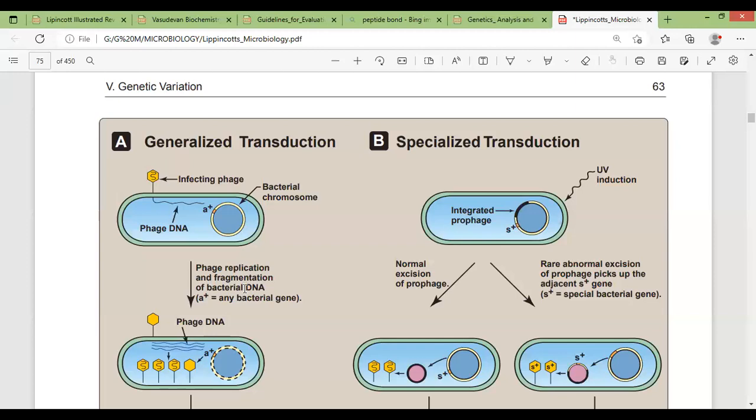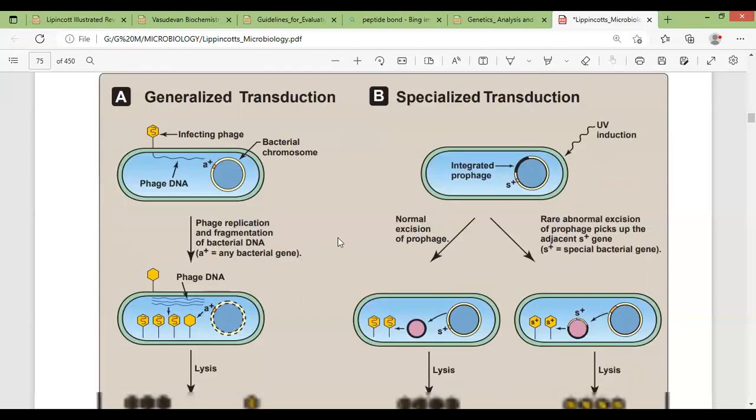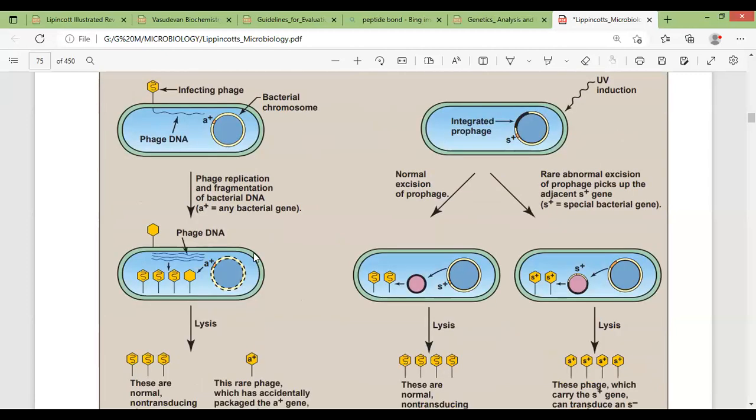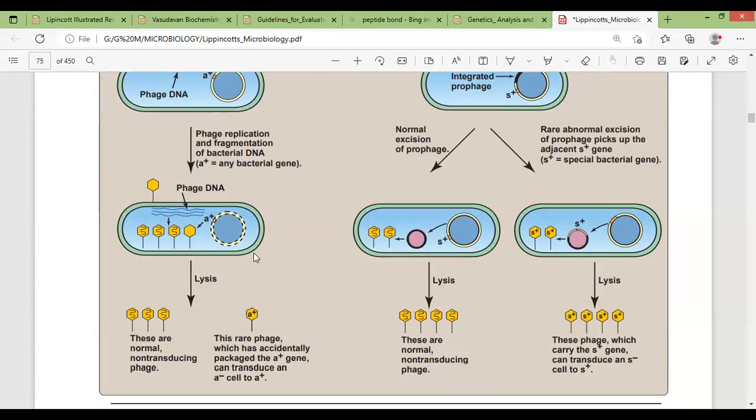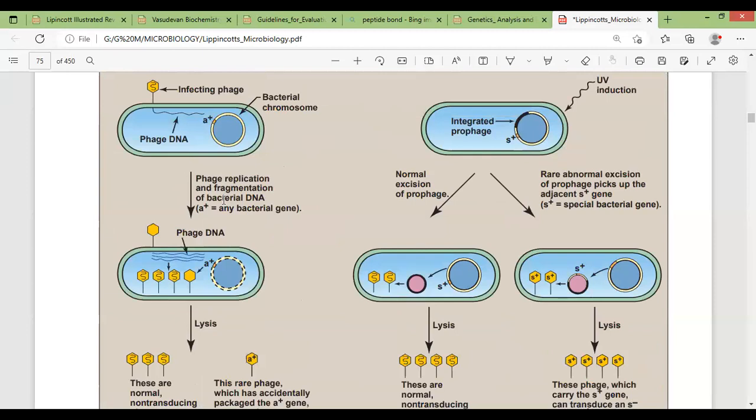Now, once it has released, we know that the bacterial cell starts, right? It transcribes the phage DNA so as to make the phage proteins. But in the process, because somewhere in the DNA we had this A plus, right?